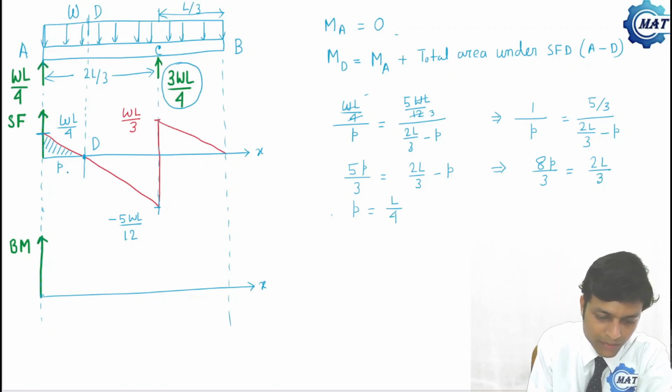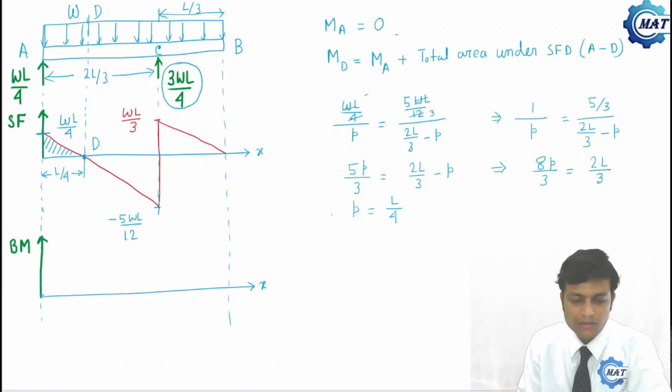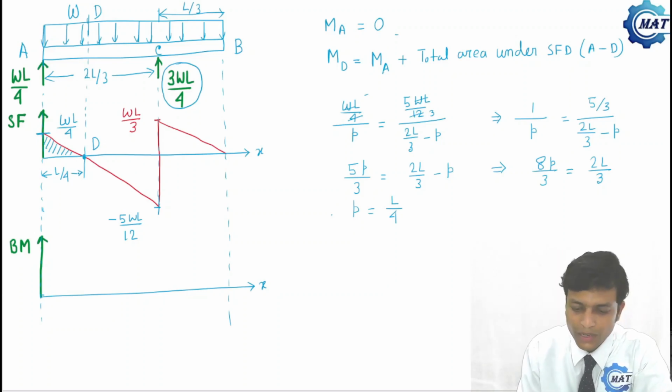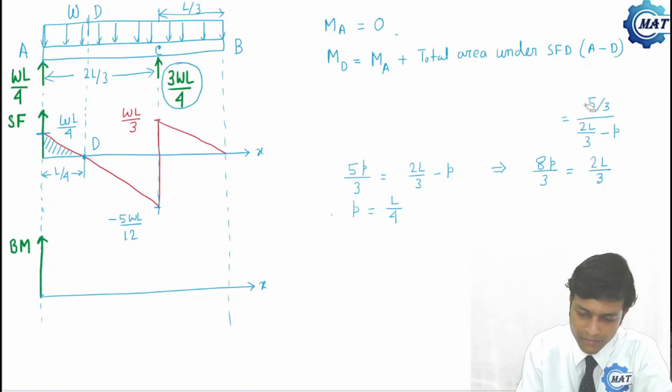So this distance p is L by 4; let me erase p here. At L by 4, shear force becomes 0. So the p value is L by 4. Now let me erase this part because it is not required. We have determined the length where shear force becomes 0.